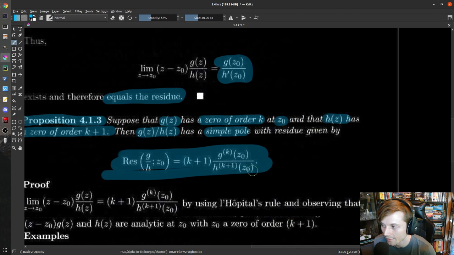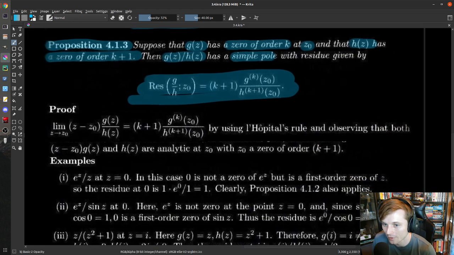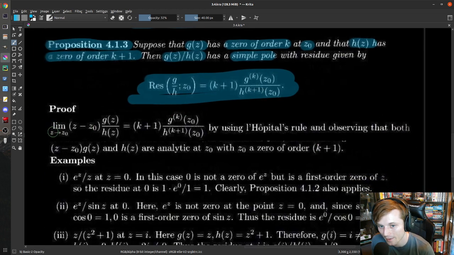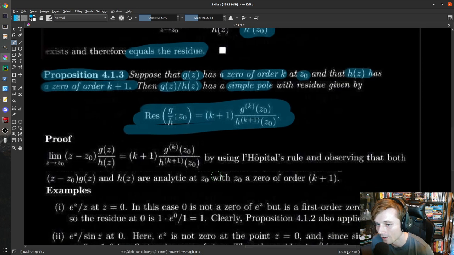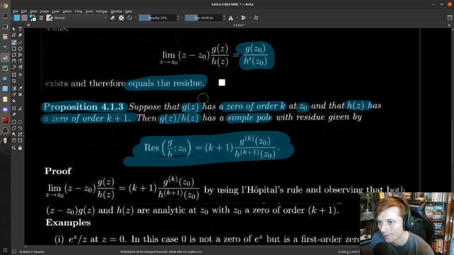So how do we get there? It's just an application of L'Hopital's rule. So the limit as z goes to z naught of z minus z naught of g of z over h of z, we just keep applying L'Hopital's rule until we get down to a situation that looks like this, right?